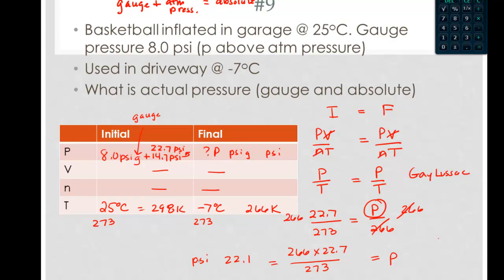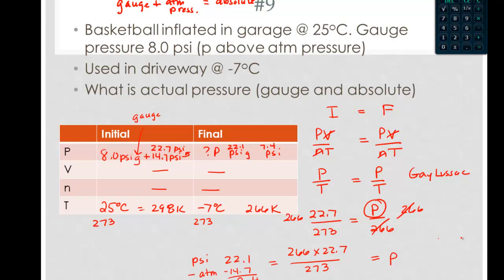To get it back to a gauge pressure, we need to subtract atmospheric pressure. So we'll subtract 14.7, and we get 5.6 psi gauge. So we have 20.3 psi absolute and 5.6 psi gauge.